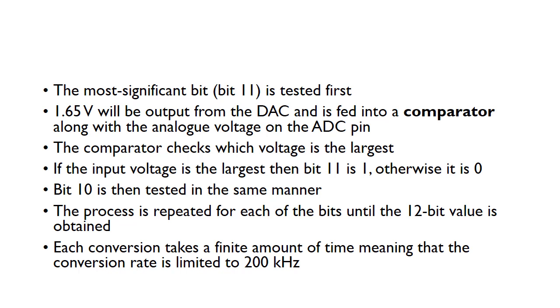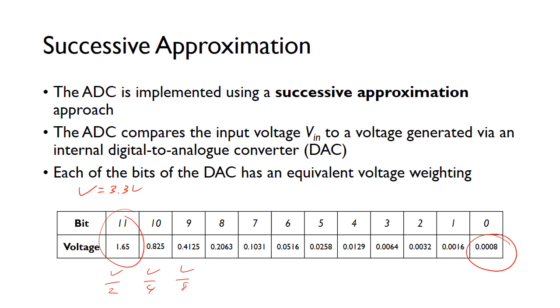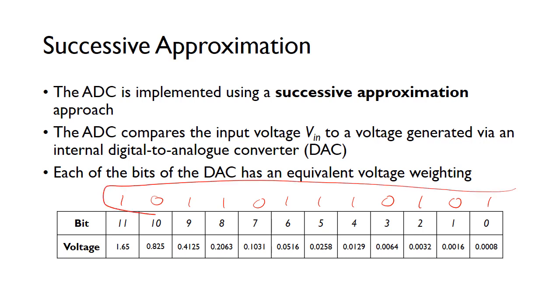Then we test bit 10, checking whether the input voltage is greater or less than this value, and depending on the answer, set bit 10 to be a 1 or a 0. Then we do bit 9. It goes through greater than, less than, and at each step you end up with the digital value that corresponds to that voltage.